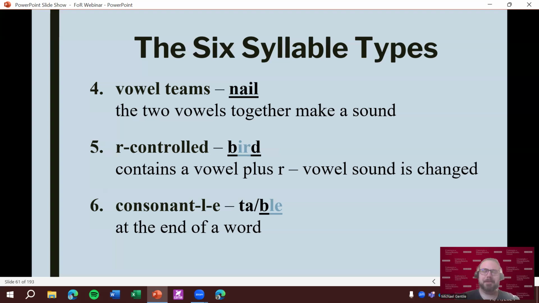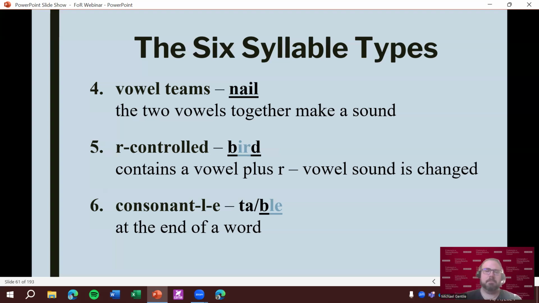Those are going to be all the sounds available. But basically, if you see a syllable that has an R controlled sound in it, you can call that an R controlled syllable, and we get that R causing the distortion of the vowel sound that changes its sound slightly. These are common enough that they get their own syllable type. So we call these R controlled.